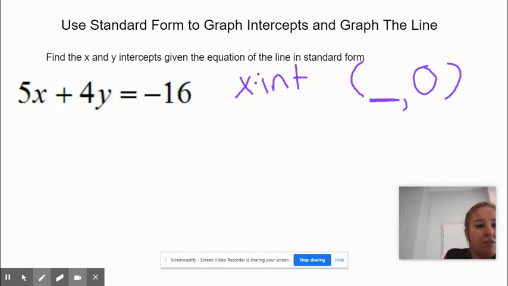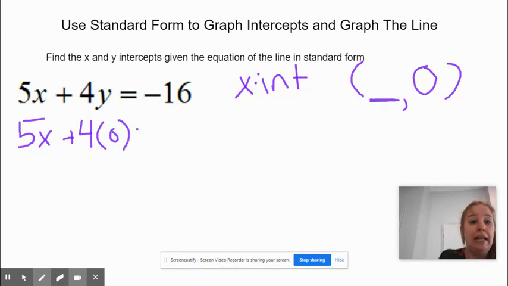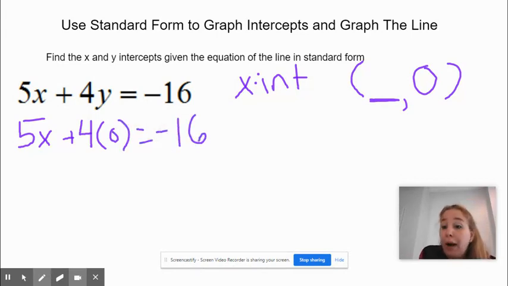So we've got 5x plus 4. Now instead of writing y, just write 0. And that equals negative 16. The cool part about using zeros is stuff just cancels out. 4 times 0 is nothing. It's gone. Yay.